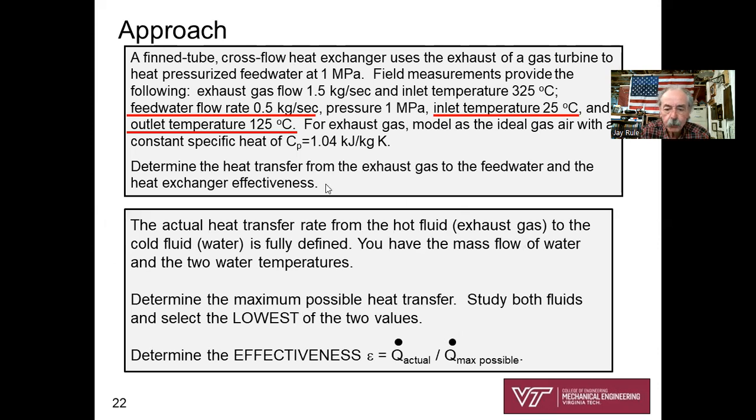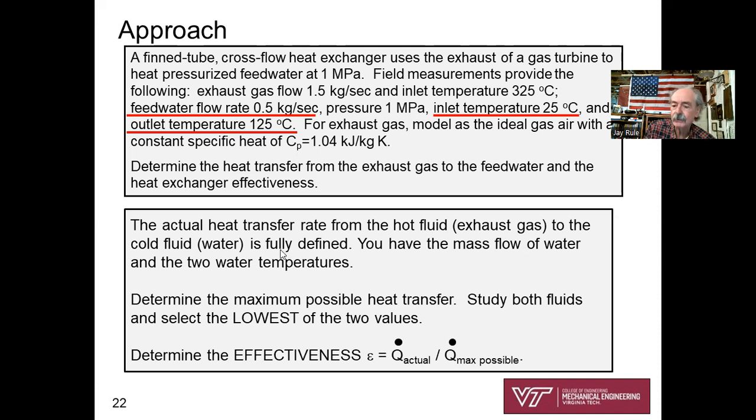If we study what's given, we're given feed water flow rate, m dot of the water. We're given the feed water inlet temperature, and we're given the feed water outlet temperature. Do you see that that gives you the inlet and outlet enthalpy of the water? You've got m dot of the water. You know that there's no work involved.